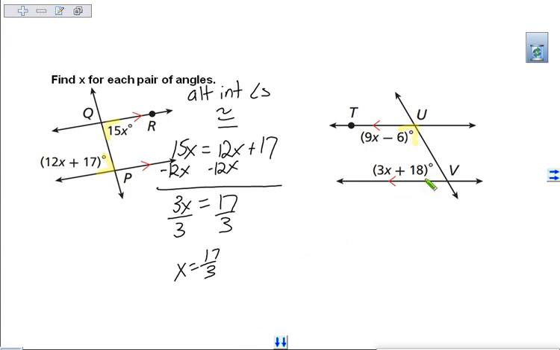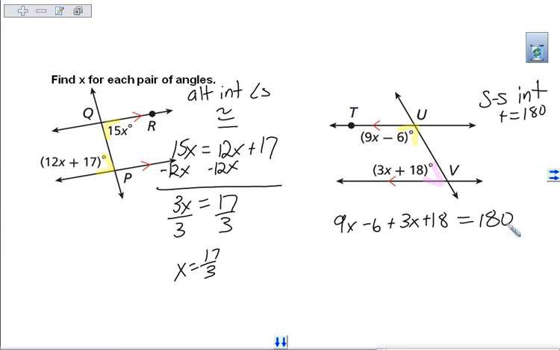Our next problem. What kind of angle pair do we have? Same side interior angles. And what do we know about same side interior angles? They add to equal 180 degrees. So that's exactly what we're going to do. We're going to add 9x minus 6 plus 3x plus 18, and it's going to equal 180 degrees.